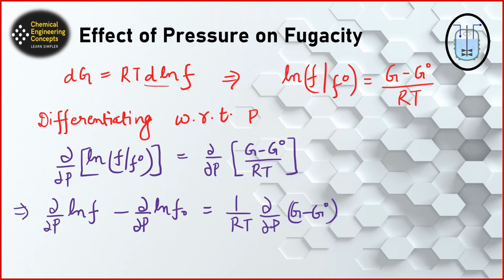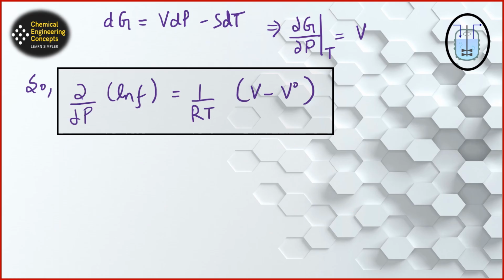So similarly we will move in the same fashion that we did with the temperature, right? So now we will be differentiating with respect to pressure, right? So when we do that, this is the simplified equation that we get, right? And you can see if I check this delta G, or I should write dG, right?